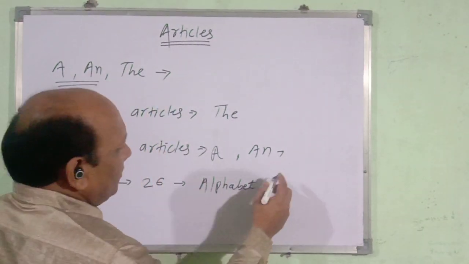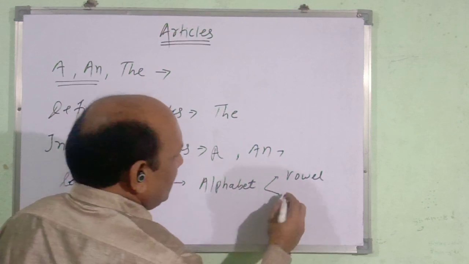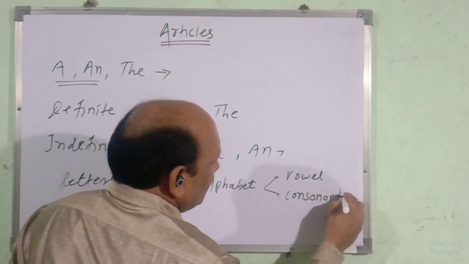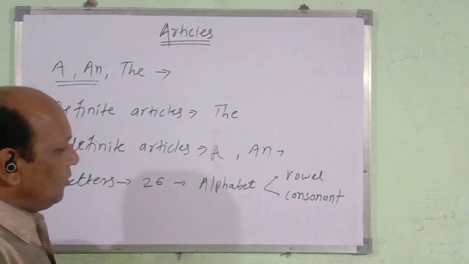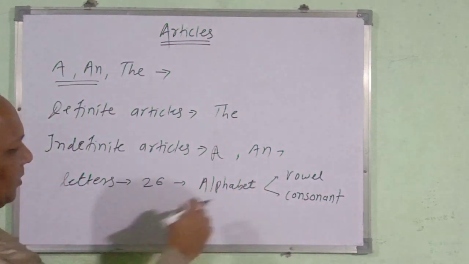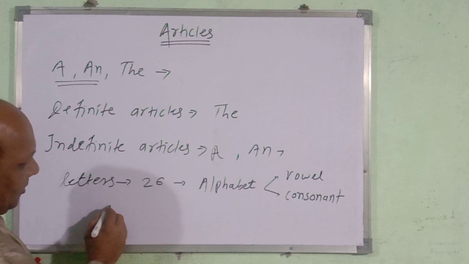The first one is the vowel sound and the second one is the consonant sound. So mainly there are two types of sounds.